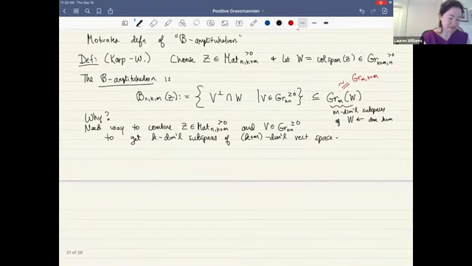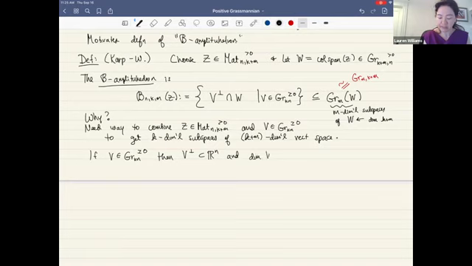Okay, and now let me just point out that this works because if V lies in the non-negative Grassmannian, then its orthogonal complement lies in Rn, and it has dimension n minus k.